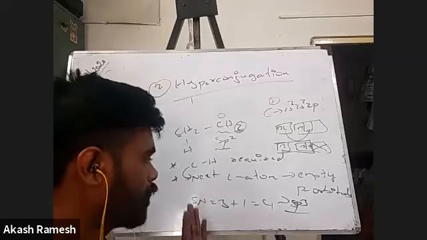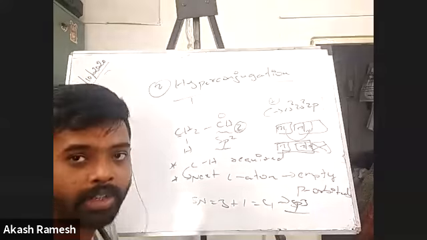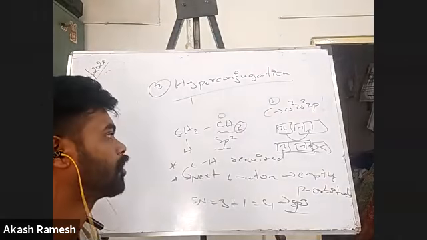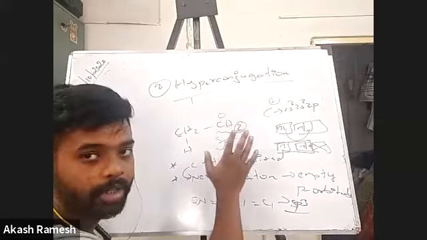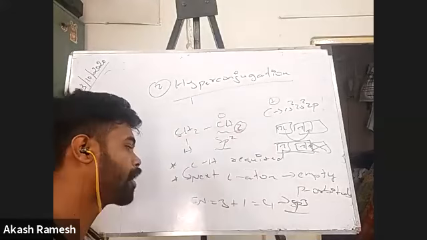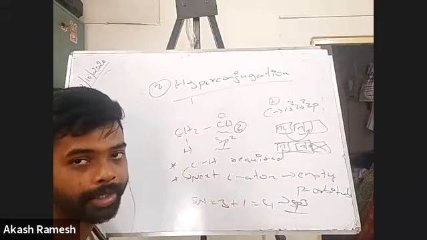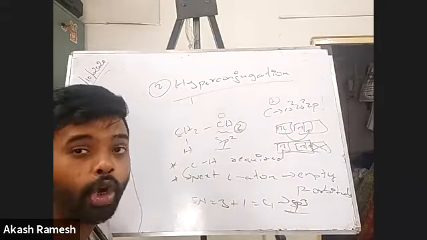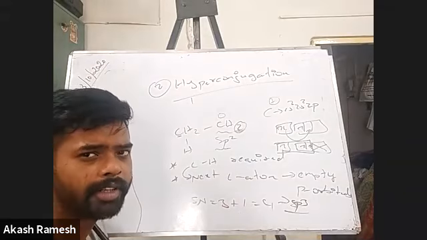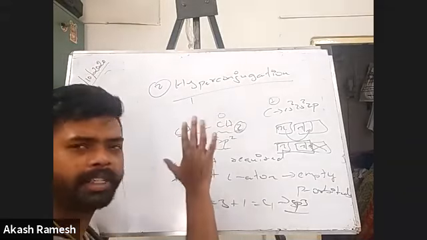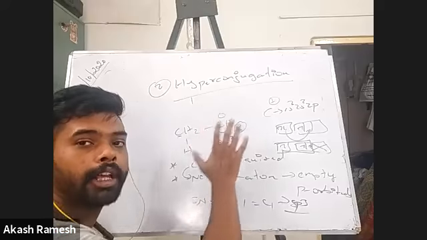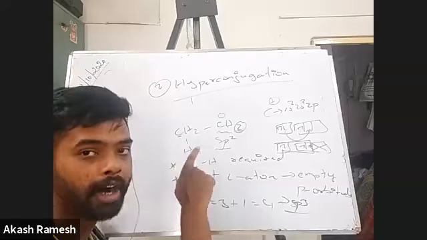Going by the same method, finding the steric number is what I'm going to do. The number of atoms bonded to the central atom: 2 hydrogen atoms, 1 carbon atom, so 3 atoms are bonded, right? Now I have to check for a lone pair. Please understand, people: there are 4 electrons in the valence shell of carbon.